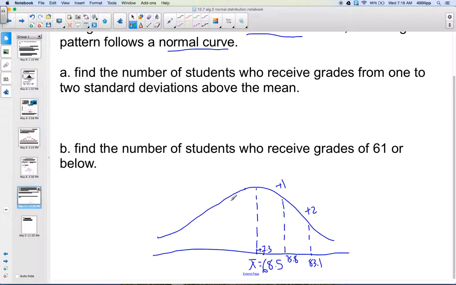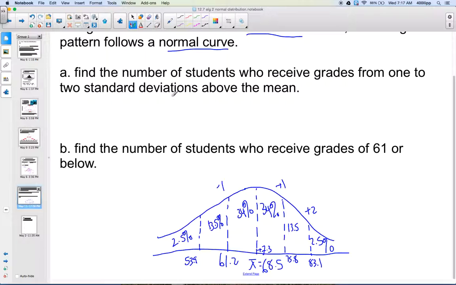Between the mean and +1 is 34% of the data, and the same for -1. Now 68.5 minus 7.3 gives us 61.2, and subtracting 7.3 again gives 53.9. Those regions are 13.5% of the data and 2.5% of the data.